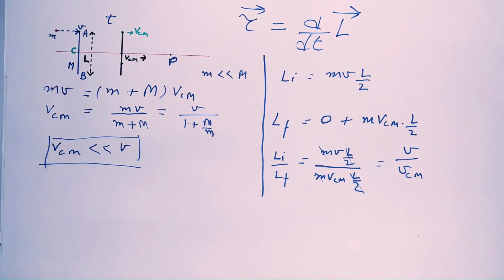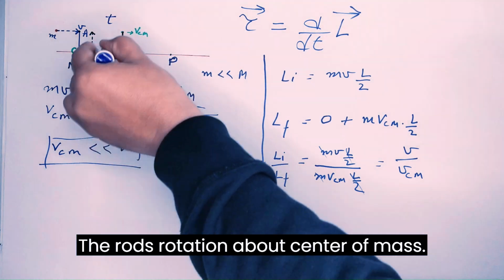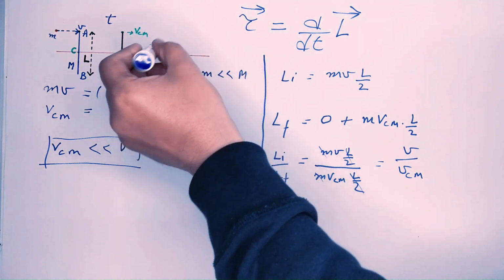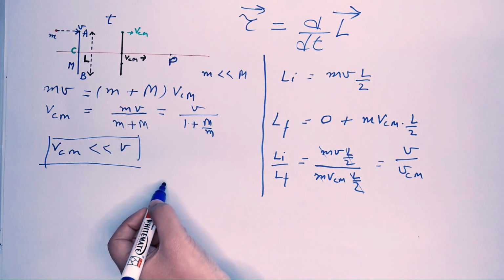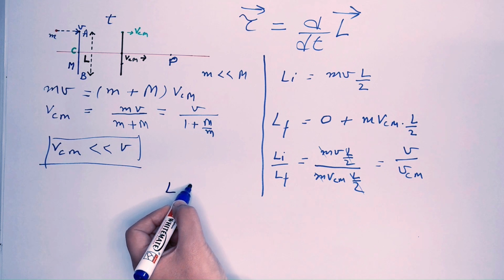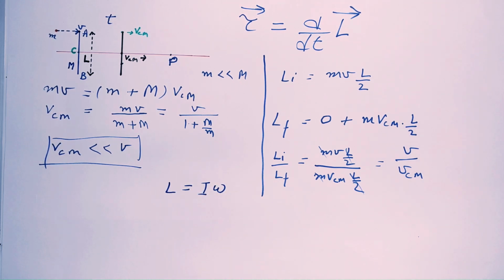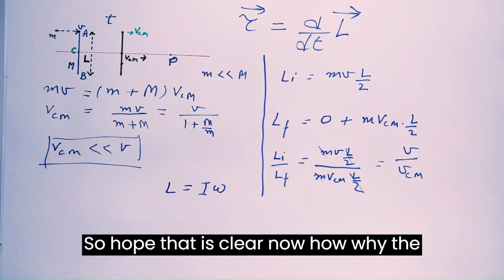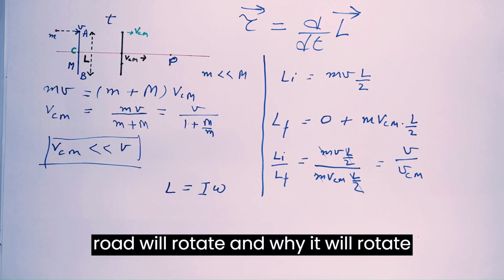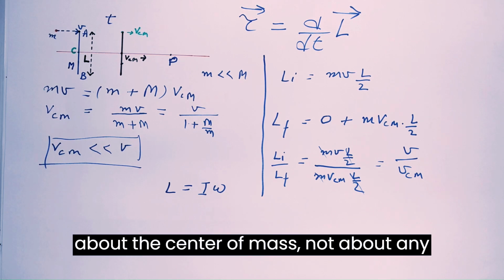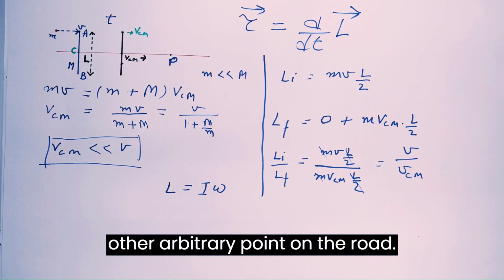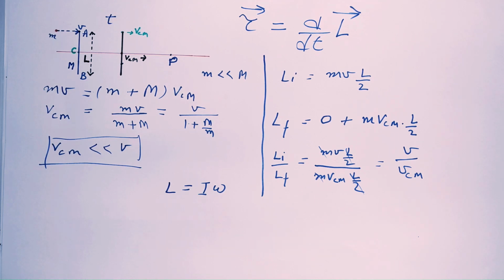So that extra angular momentum is provided by the rod's rotation about the center of mass, that is I omega. So hope that is clear now, why the rod will rotate and why it will rotate about the center of mass, not about any other arbitrary point on the rod. Thank you.